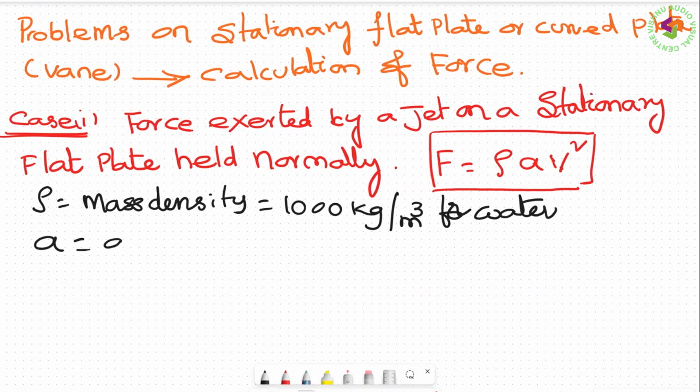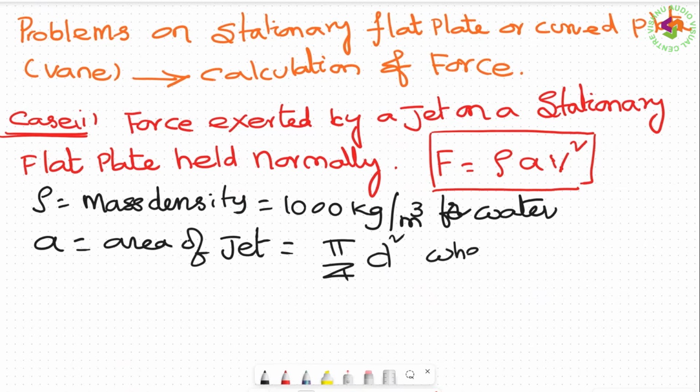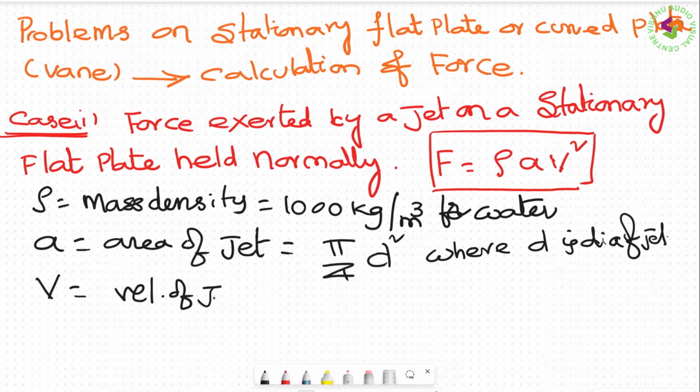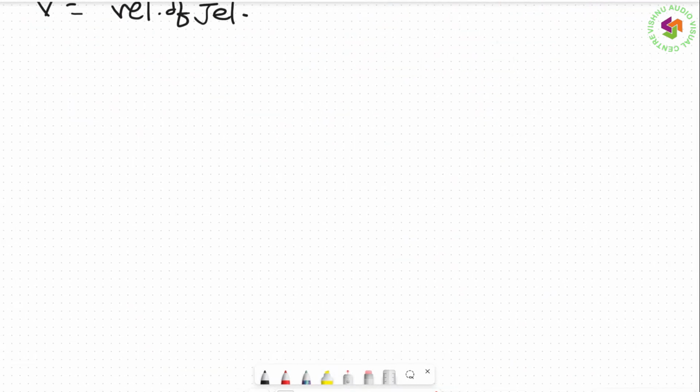A is equal to area of jet, which is equal to pi by 4 into d square, where d is dia of jet. V is the velocity of jet. So if you know this, you can solve any problem on this. Straight away, I will take it.